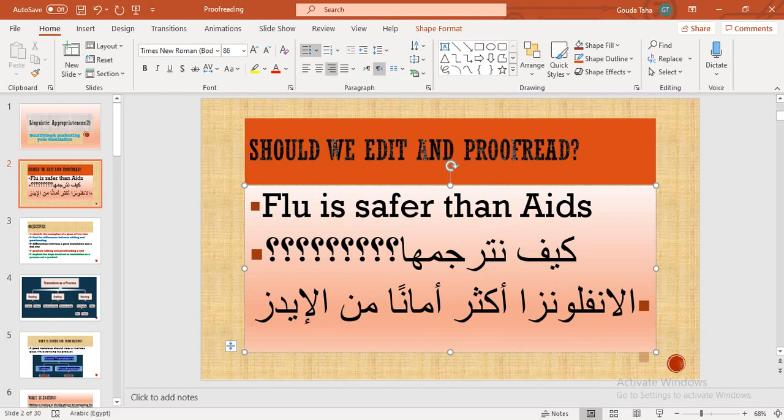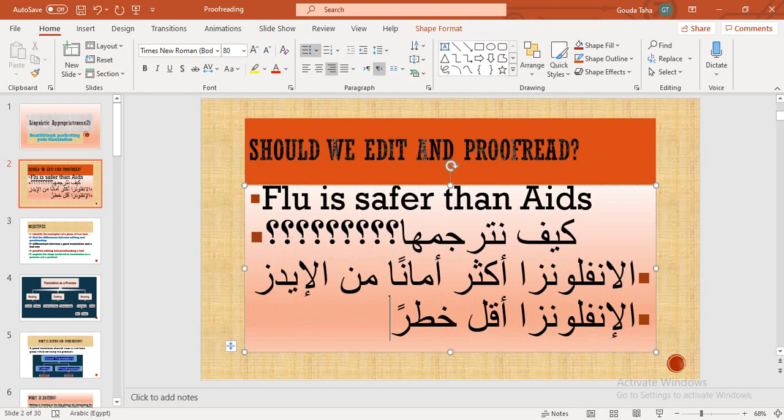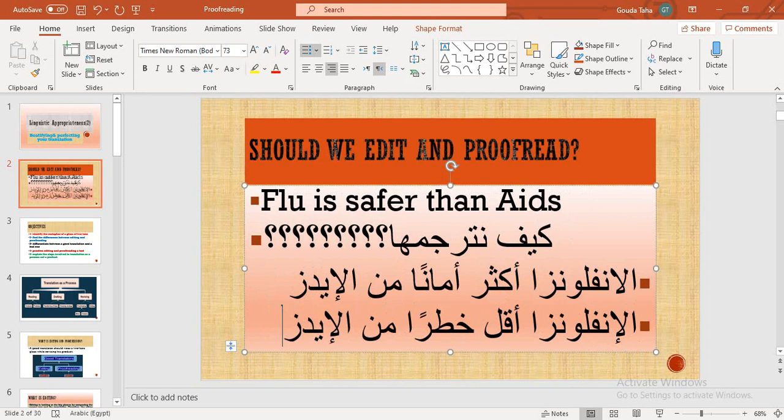While an accurate and communicative and natural translation can go like this. الإنفلونزا أقل خطرا من الإيدز. So this now is a good translation. Why?